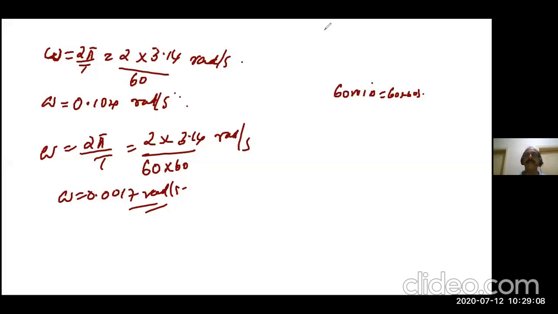Next question. A stone tied to the end of a string, 80 centimeter long, is whirled, W-H-I-R-L-E-D. Rotating like this.